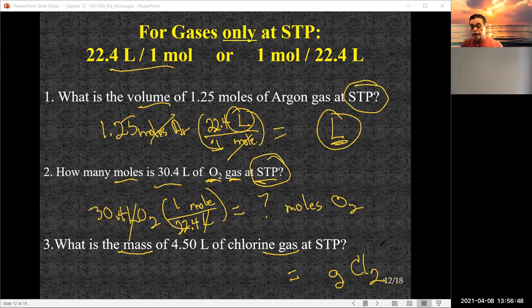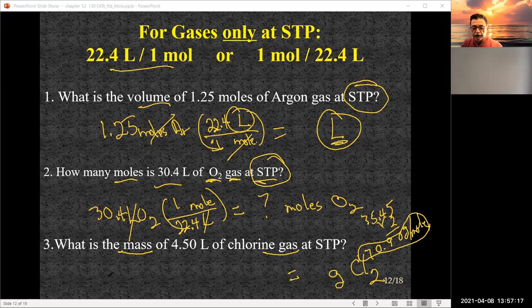Chlorine is 35.45, and we need 2 of them, so 70.90 grams per mole is my molar mass. It's 35.45 times 2 because there are 2 of them.